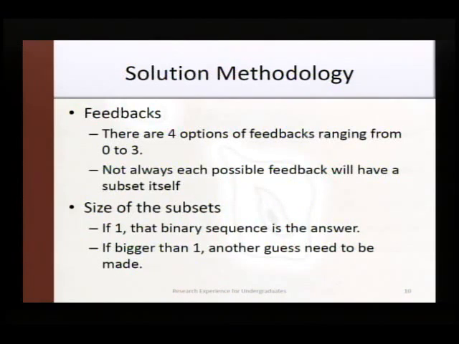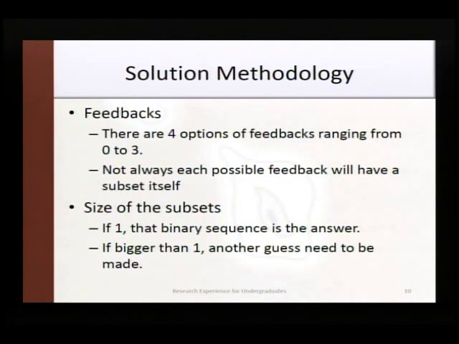So as I said before, there are 4 options of feedback ranging from 0 to 3 because I have 3 questions. If I have 5 questions, my feedback can range from 0 to 5. Also, not always will each possible feedback have a subset.